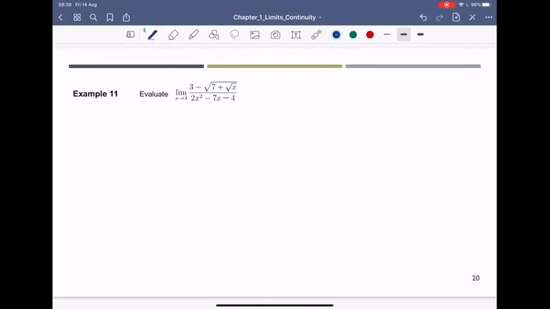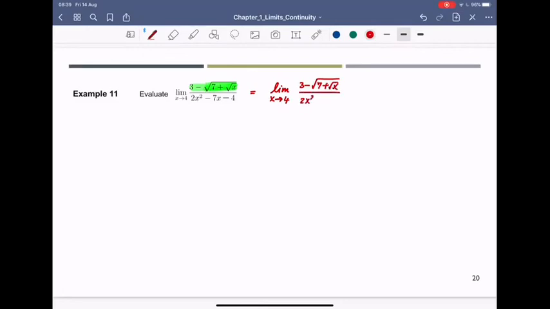First of all, when you see this thing, you can see that you have a square root here again. And every time I see something with a square root and a 3 minus in the front, I want to use the conjugate, right? Because why not. So x approaches 4, 3 minus the square root of that.